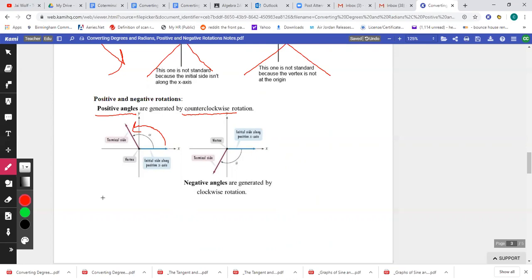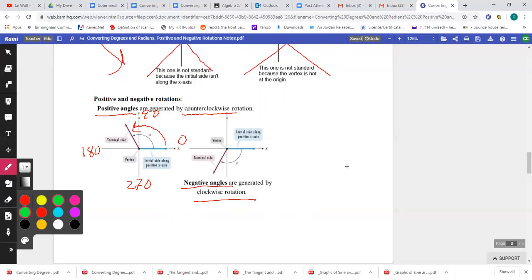Because remember that this was 0, 90, 180, 270 when we did the unit circle. So that's why it goes positive if we go this way. Now it goes negative if we rotate clockwise. Okay? So if we go clockwise, like the way a clock goes, that is a negative angle.